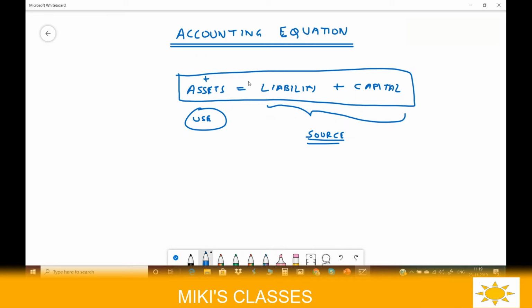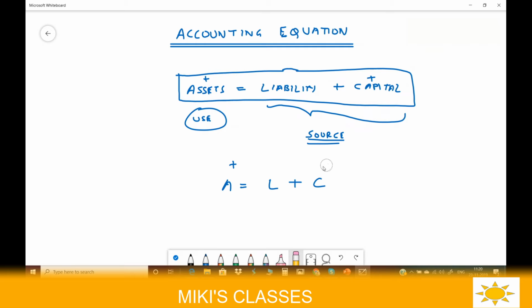So if the assets go up, either the liability has to go up. If the liability doesn't go up, the capital has to go up. Correct? Because the equation has to balance. Assets is equal to liability plus capital. If asset moves up, either liability has to go up. If liability doesn't go up, then capital has to go up.